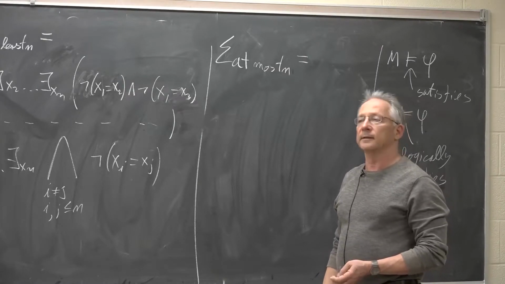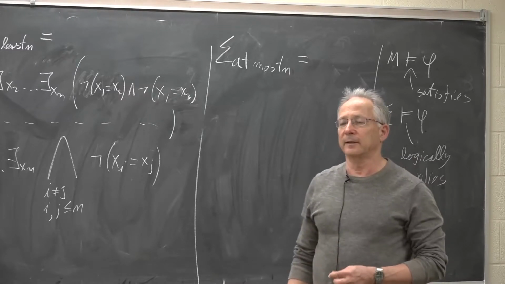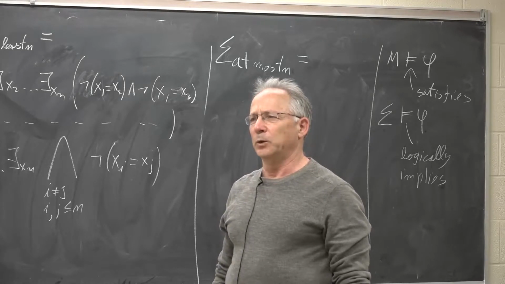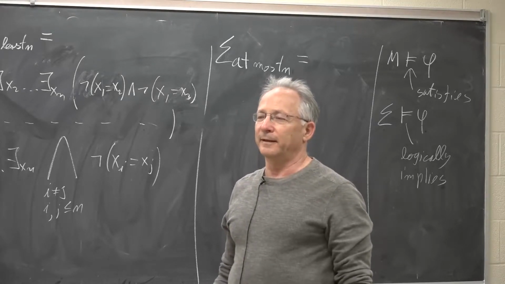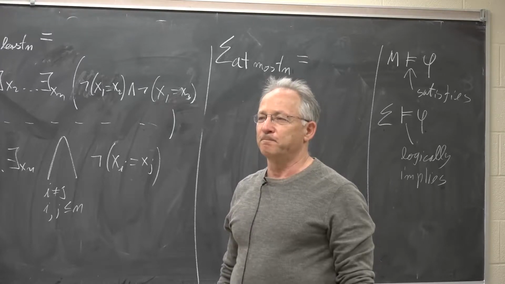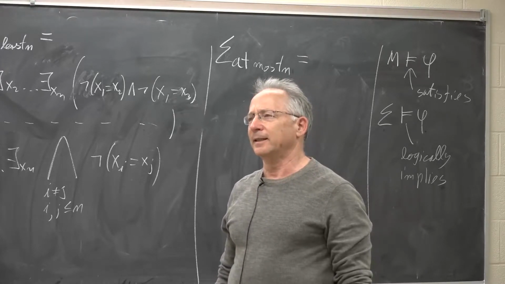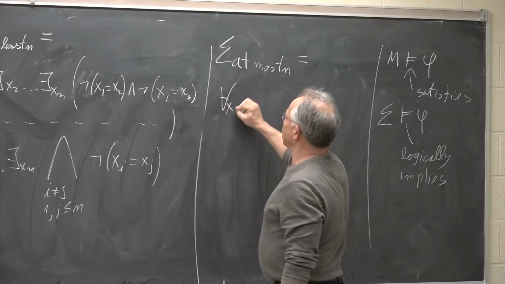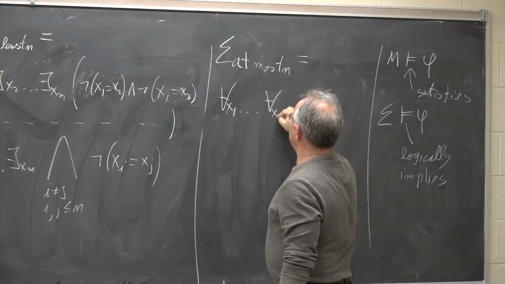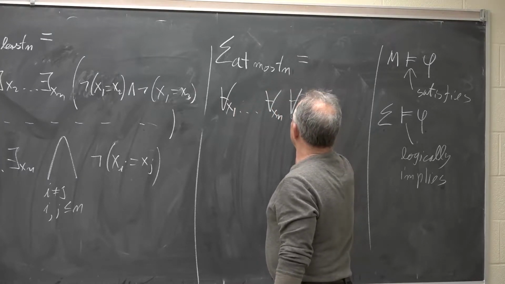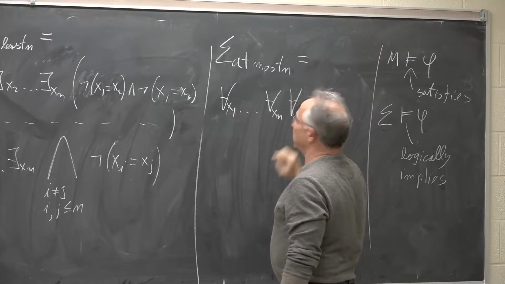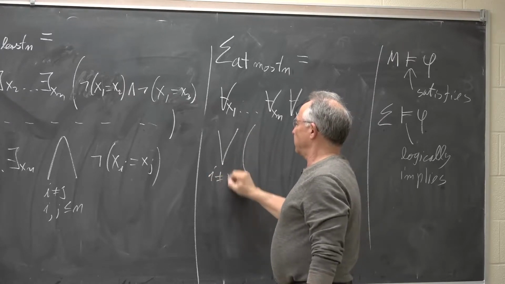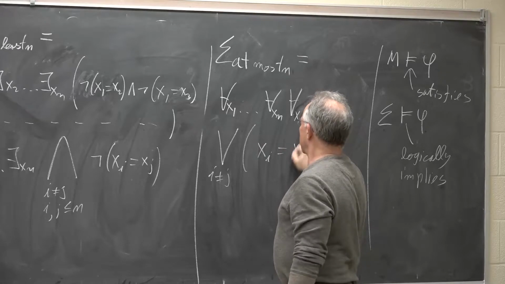Yes? Let's say for all x, there is a y such that y is greater than or equal to x? I don't have bigger or equal. My language is empty. Yes. For all x1, for all x2, for all xn plus 1, such that for some i not equal to j, xi equals xj.